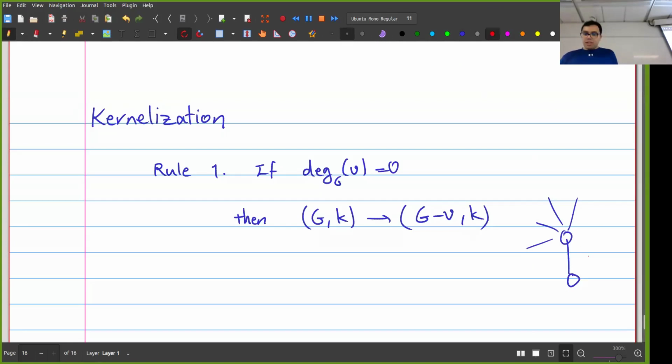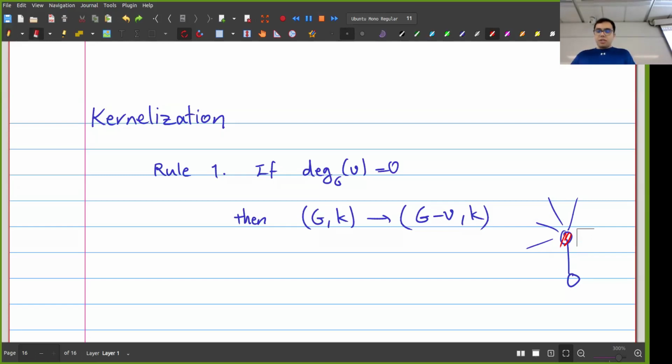So instead of putting this in my vertex cover, it always makes sense to put the other one in the vertex cover because it covers everything that this one covered, which is basically this edge, but it potentially also covers something more. And also, because I know that I have to cover this edge, I know that I have to put one of them in. So the only optimal choice, going back to our greedy session, is to put this neighbor in if you have a vertex of degree 1.